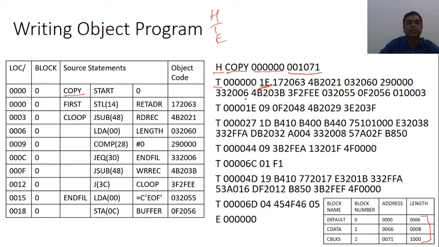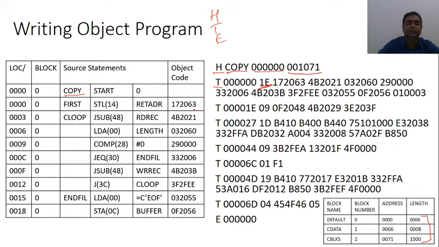We know that when discussing the text record, the maximum size of the text record can be 30 bytes. But there are some conditions we have to see. There should not be any reserved word or reserved byte in between, and there are some other conditions also that we have to follow when finding the size of the text record.